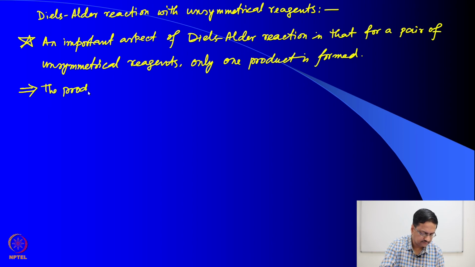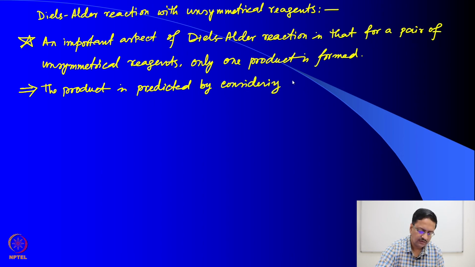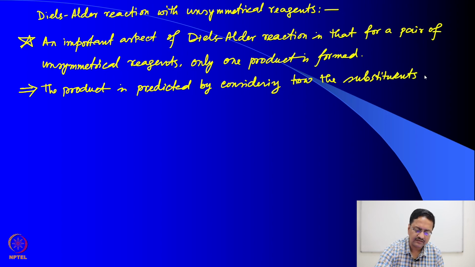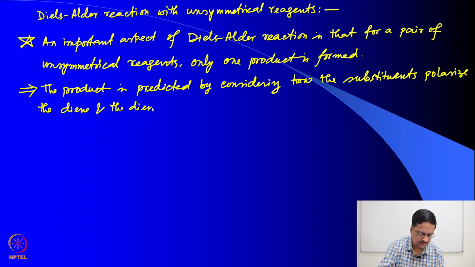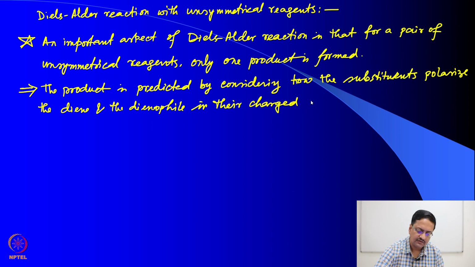The product is predicted by considering how the substituents polarize the diene and the dienophile in their charged or charge separated resonating structure.